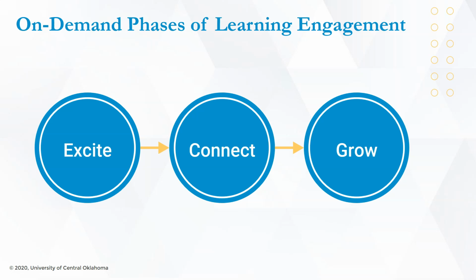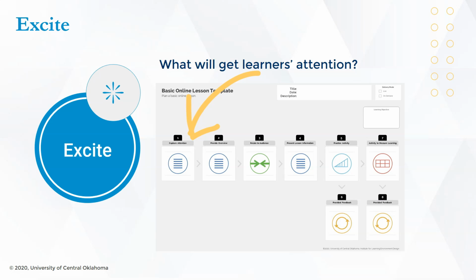So this Excite, Connect, and Grow framework is what we're going to use to talk about ways of identifying engagement points in on-demand lessons. Now, one of the first questions you want to be able to ask in your lesson is, what will get learners' attention? You'll notice in our basic online template, we have a point there to capture attention.